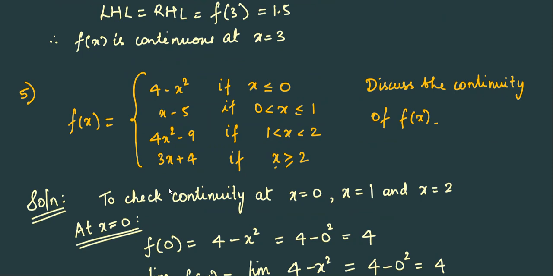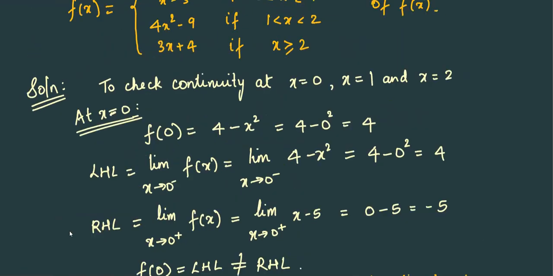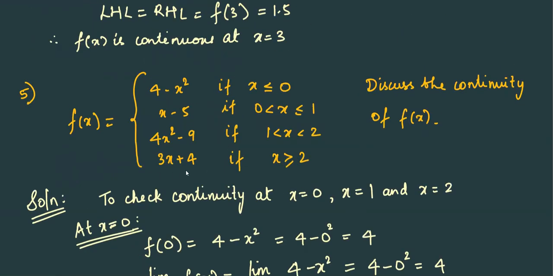For x equal to 2, what is the functional expression? 3x plus 4. Very good. So 3 into 2, 6 plus 4, 10. 3x plus 4 is the functional expression.